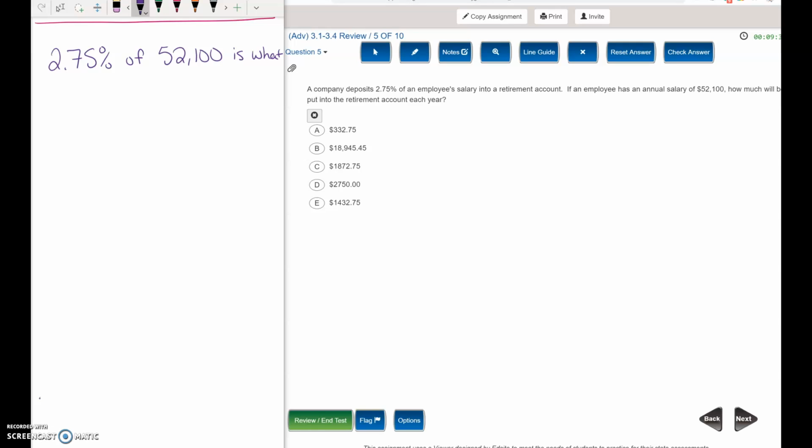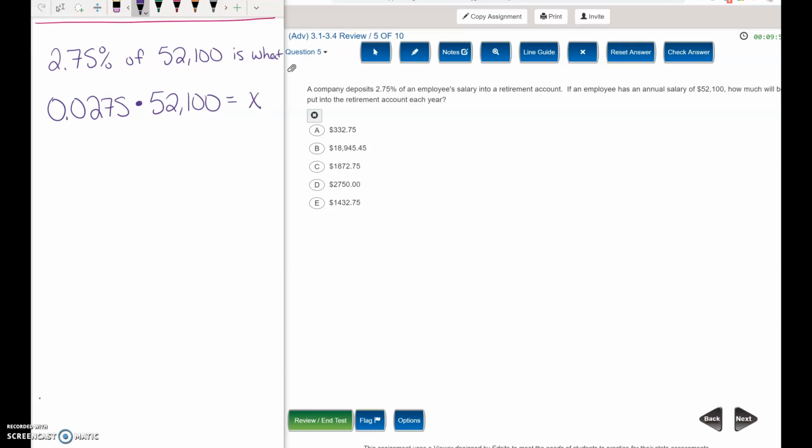So 2.75% as a decimal is 0.0275. Remember, you have to move that decimal point 2 places to the left. Or remember that percent means out of 100. In your calculator, if you do 2.75 divided by 100, it will give you the decimal that you need to use. Of means multiply, 52,100, and that will tell us what our number needs to be.